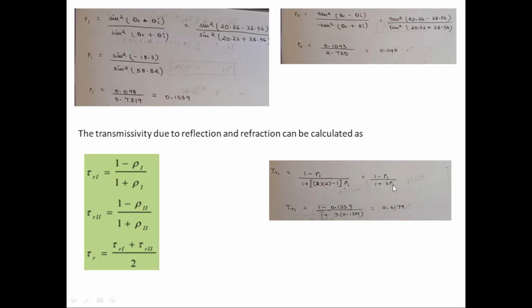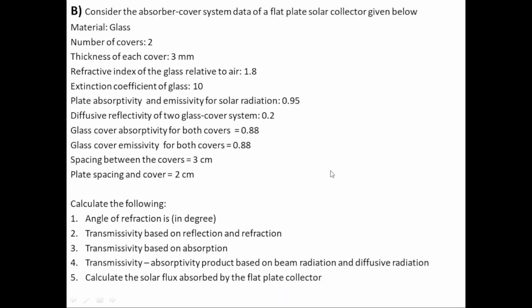The major reason is the number of glass covers that we are using. In the example problem solved in the video lecture, the number of covers used for the flat plate collector system was 1, but here we are using two glass covers.